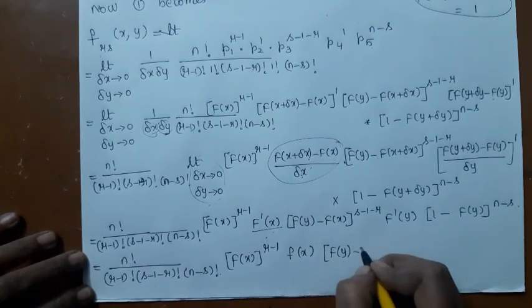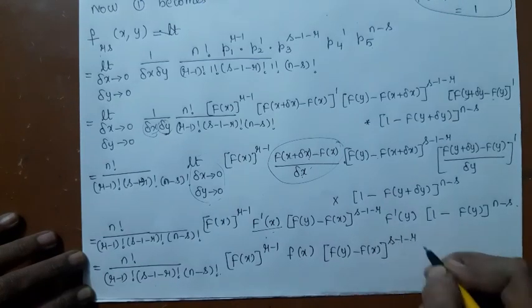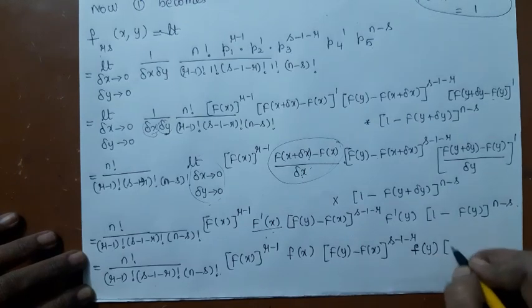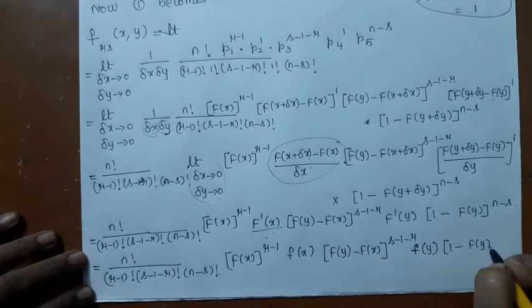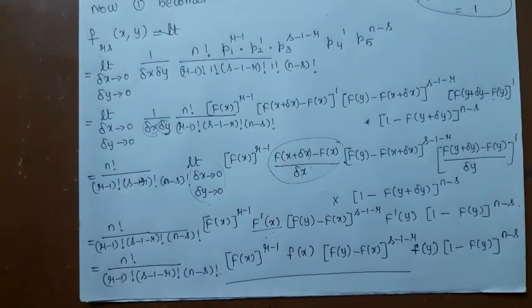So F of y minus F of x power s minus 1 minus r, F dash of y becomes small f of y, okay? 1 minus F of y the whole power n minus s. This is the joint distribution of the rth order statistic and the sth order statistic, right?